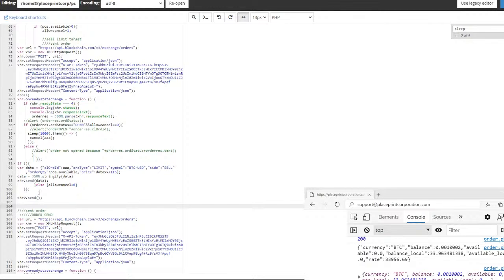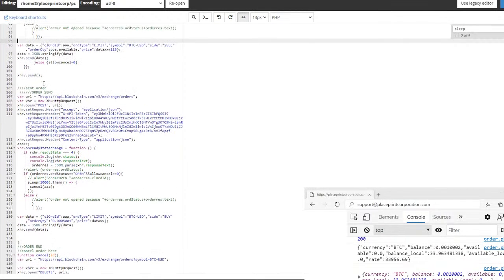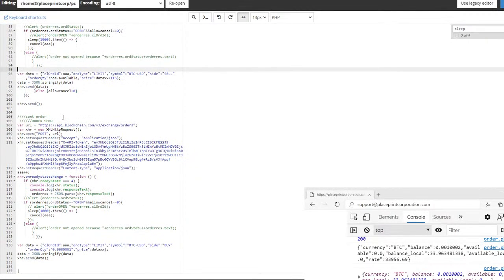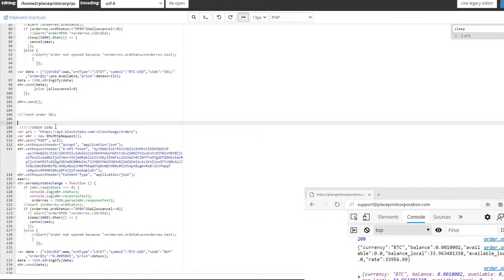Is this X or V send? Oh, that's the sell side. We're doing the buy side, which is down here. All right. So this is actually order send sell. Sell. Okay, so that's buy down here. Down here is the buy.